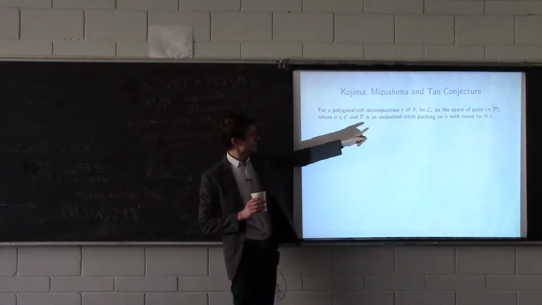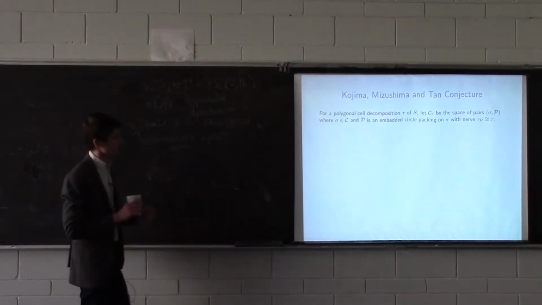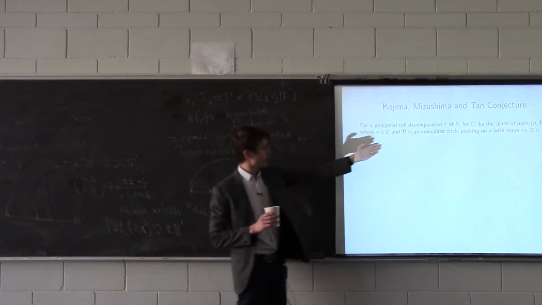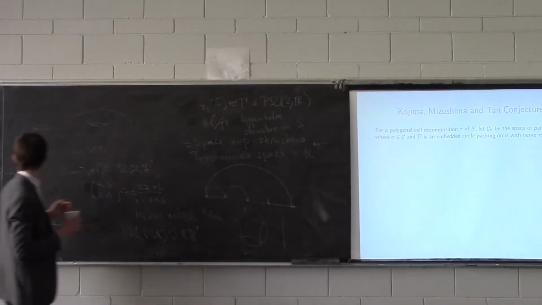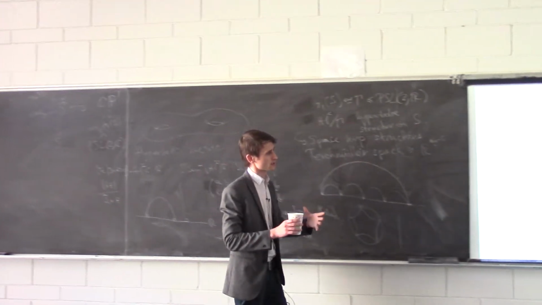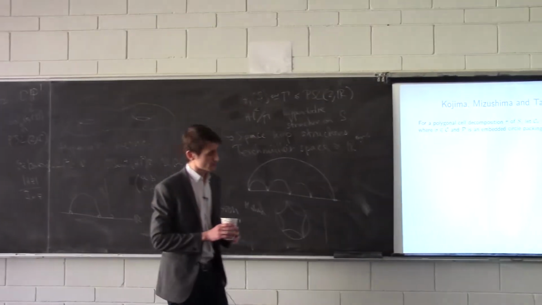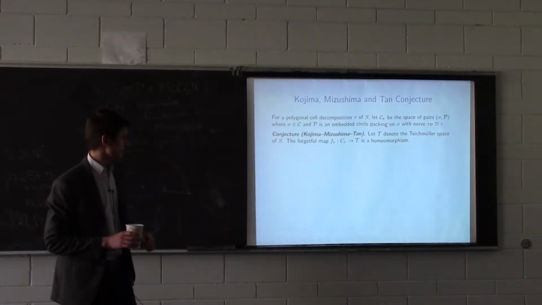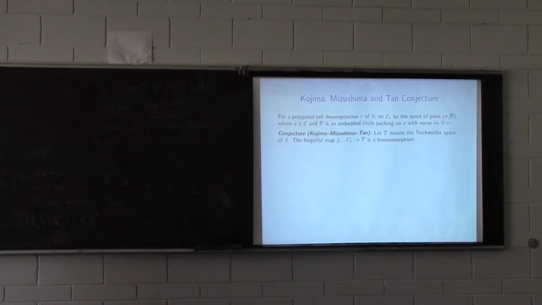So P is an embedded circle packing on sigma, which means it is exactly the same thing as a circle packing on the original surface, where we look at embedded round disks in S, and we have to make sure that the complementary regions are all Mobius equivalent to ideal polygons. And they said, okay, what does this space look like? And so they conjectured that it should look like Teichmüller space.